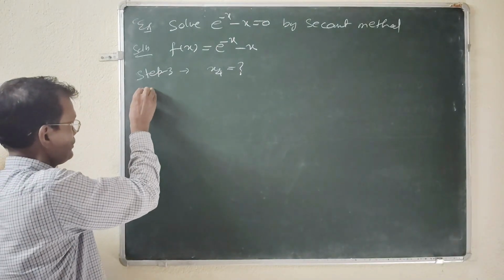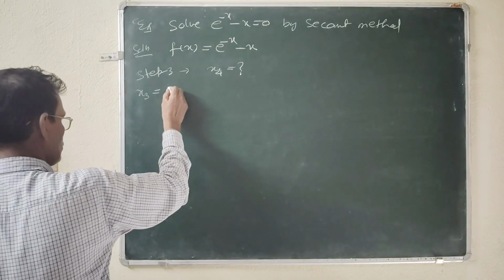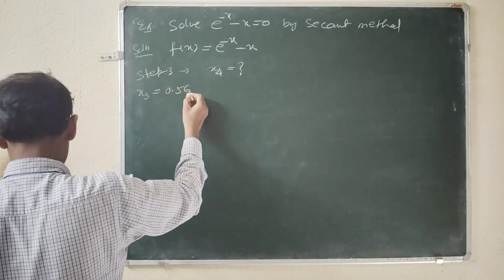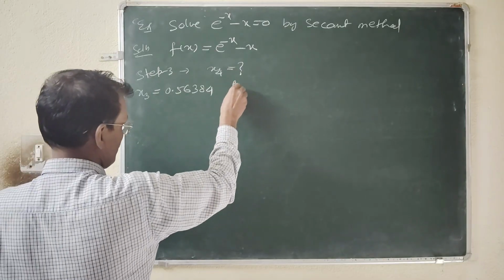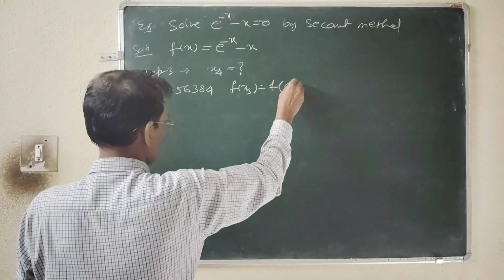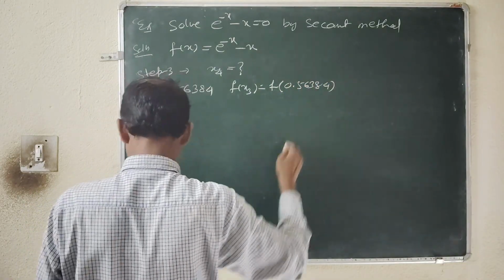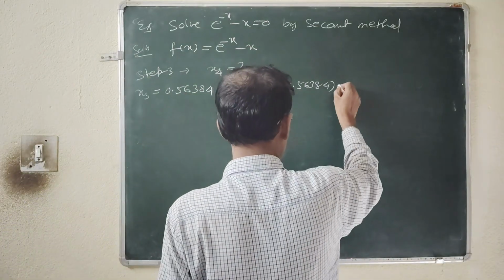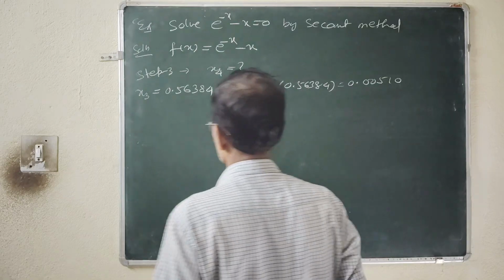So what is x3? In the previous step we calculated x3, that is 0.56384, and f of x3 is equal to f of 0.56384. The result is 0.00510.